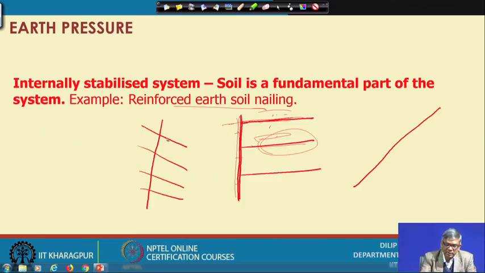At sufficient depth inside at some inclination, a soil reinforcement rod is placed: first make the hole, and then grout and rod are put together, and finally it will be sealed here. So, all together will make a system like a wall. So, that is also called soil nailing. So, this is also an internally stabilized system.